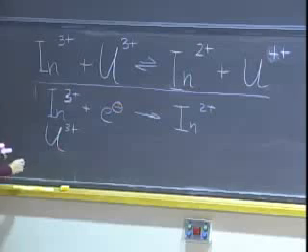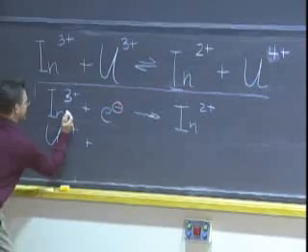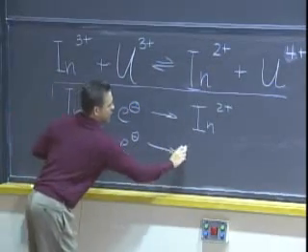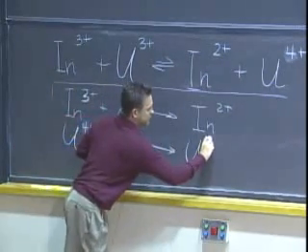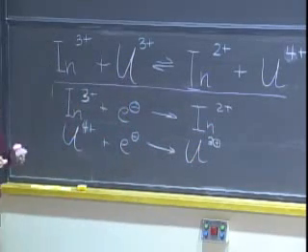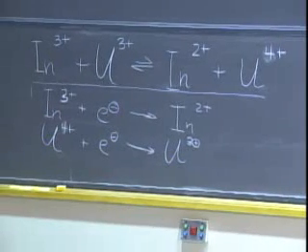I'm writing both of these as reductions, as you will find them in the table. Uranium 4+ plus an electron going to uranium 3+. Okay, so those are our two half reactions, and Christine, can you zero in on them? Yes, you're doing that already.